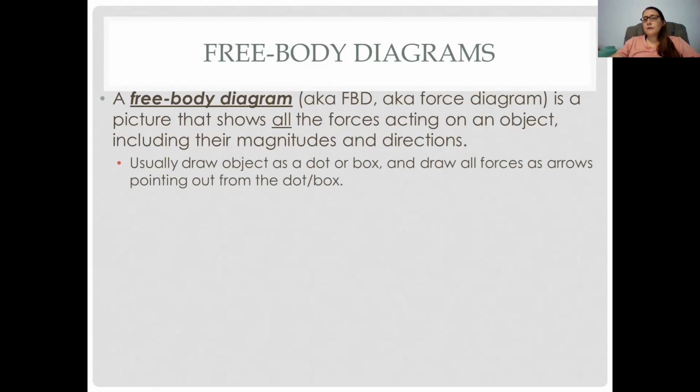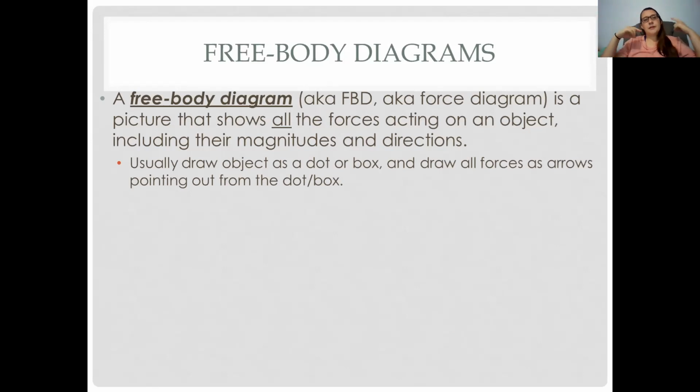And then we draw all of the forces as arrows, again, because that shows a size and a direction. And all of these arrows are going to be pointing out from the dot or the box. Okay, even if the scenario has something pushing on the box, we're still going to draw it in the same direction that it's acting, but coming out of the box.